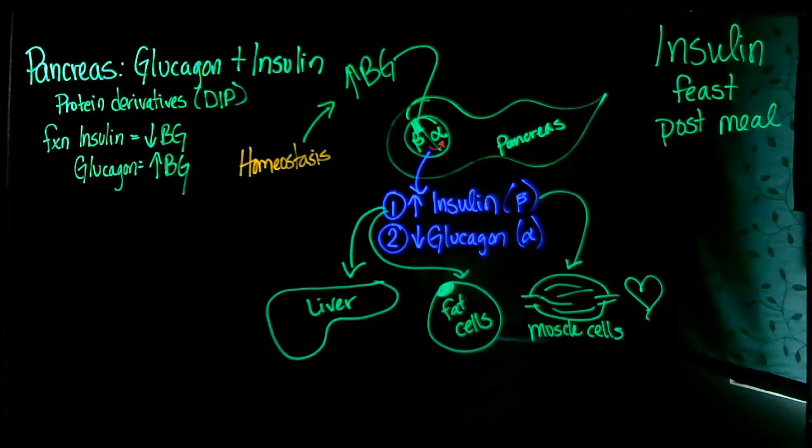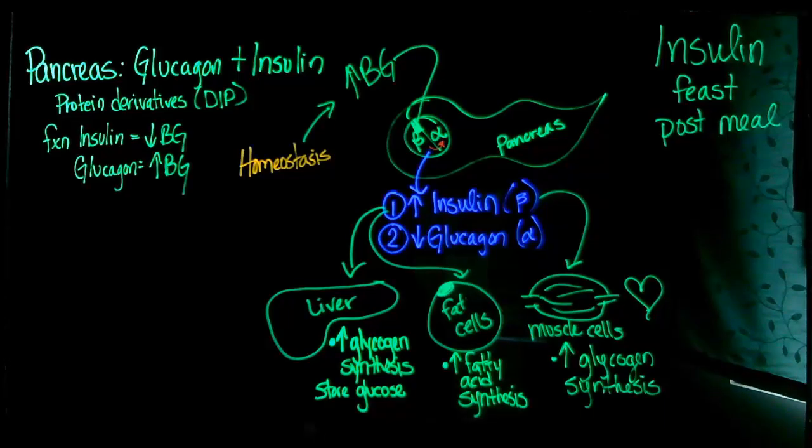Two of these tissues have the ability to store glucose in the form of glycogen. So glucose molecules are integrated in the cells to form a more complex sugar substance that is able to store that sugar until needed later. The two tissues that do this are the liver as well as muscle cells.